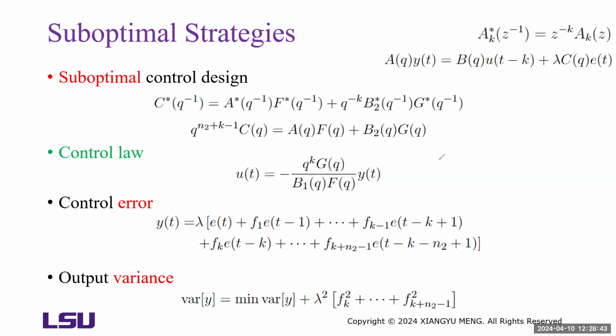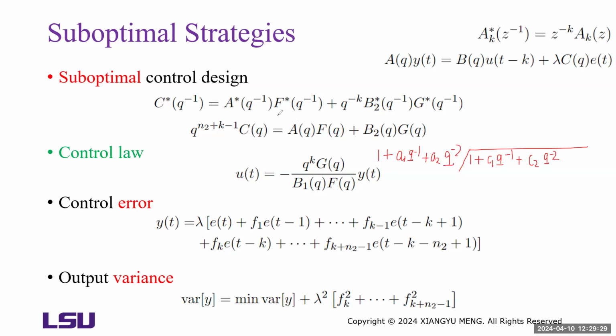F is the quotient of C divided by A. Let's assume the polynomial C is just 1 plus c1 q^(-1) plus c2 q^(-2), divided by 1 plus a1 q^(-1) plus a2 q^(-2).